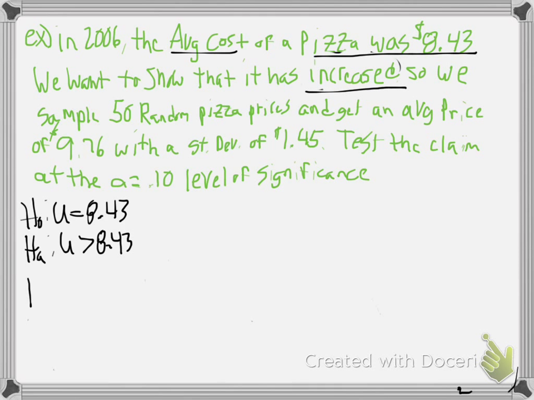Then it says we sample 50 random pizza prices, so n is 50, and get an average price of $9.76, so x bar is $9.76, and a standard deviation of 1.45. Since this came from the sample of 50, this standard deviation is your S standard deviation.